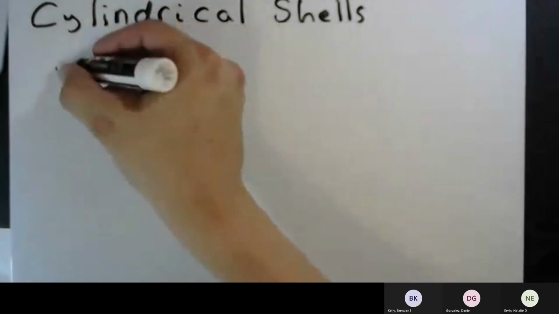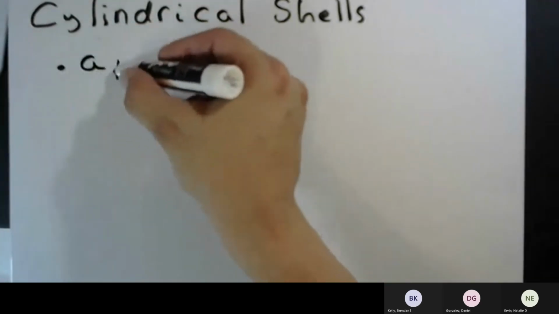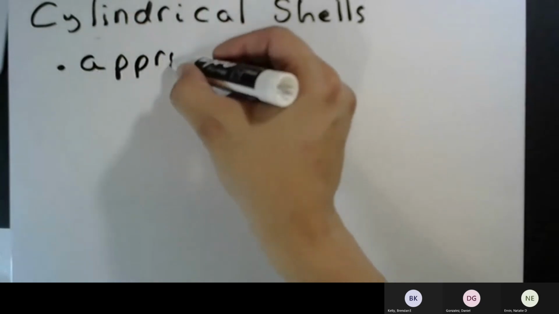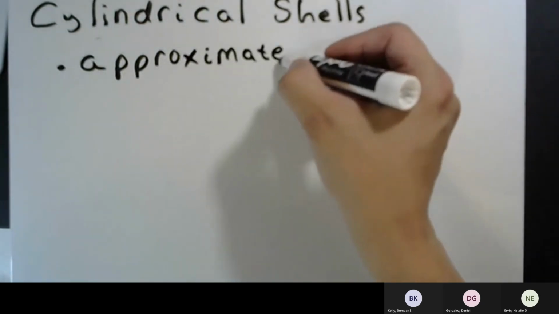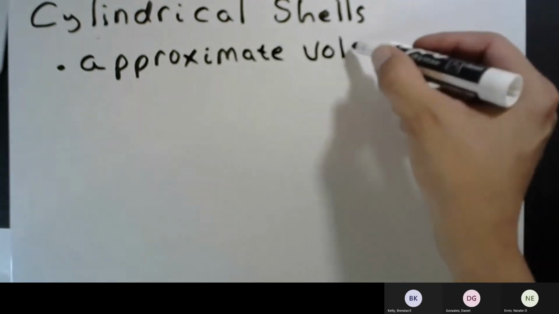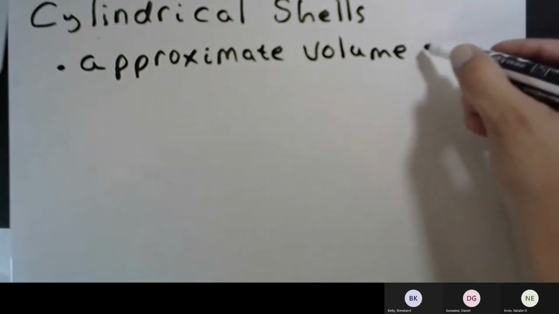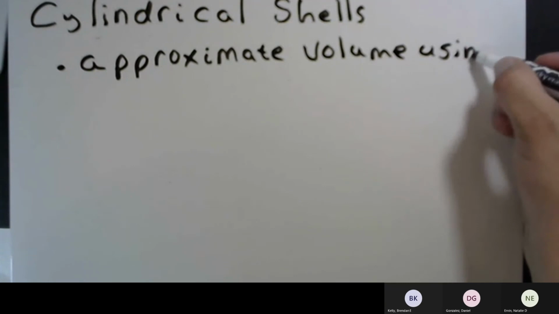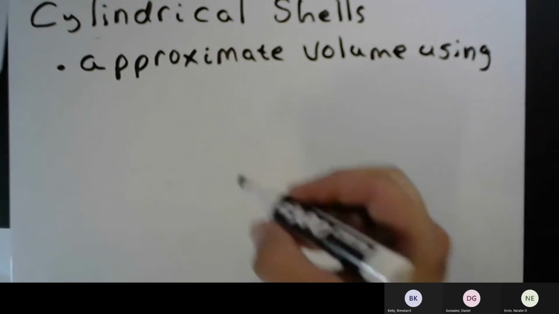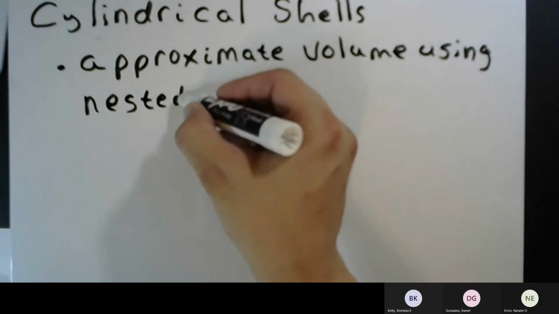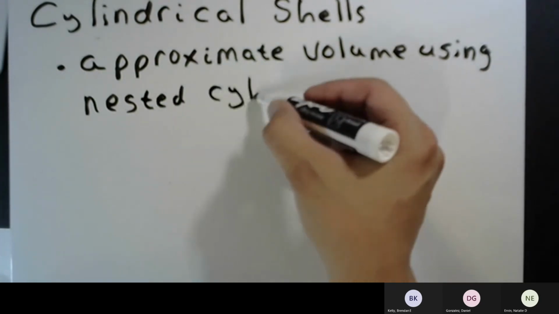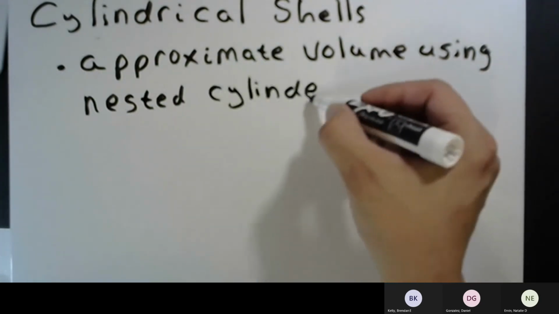Now, the idea here is this. We're going to approximate the volume using nested cylinders.